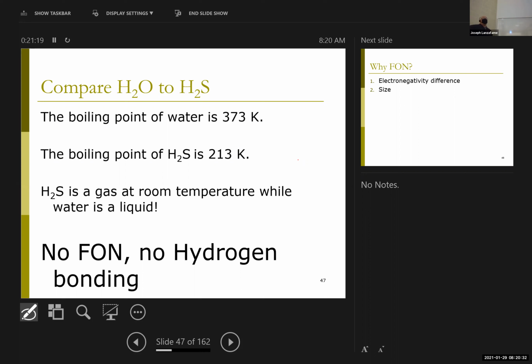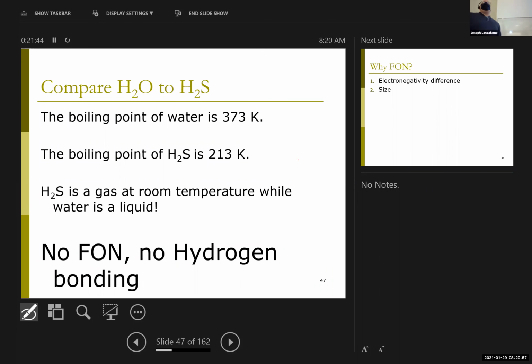That is all because of the hydrogen bonding. The van der Waals forces actually favor the H2S, but the hydrogen bonding is so strong that the water ends up with what is sometimes referred to as an unnaturally high boiling point.